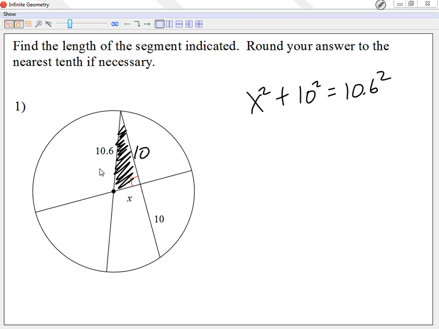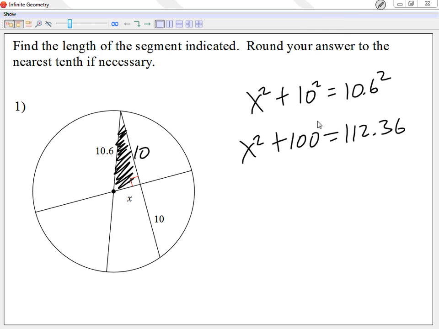Alright, so let me get a calculator for this. I know 10 squared is 100. And I know 10.6 squared, according to the calculator, is 112.36. So let me write this as x squared plus 100 is equal to 112.36.